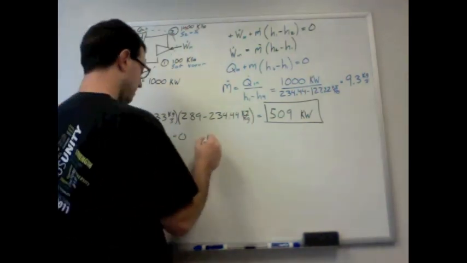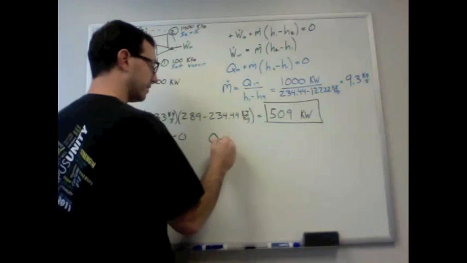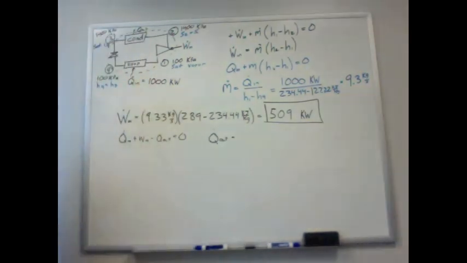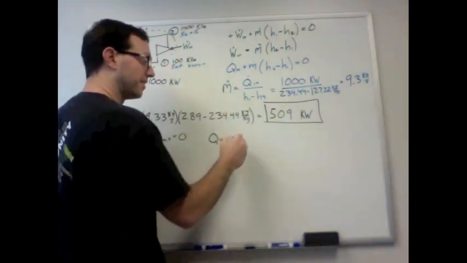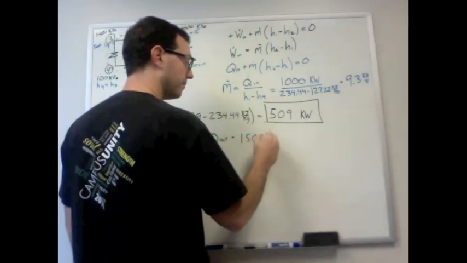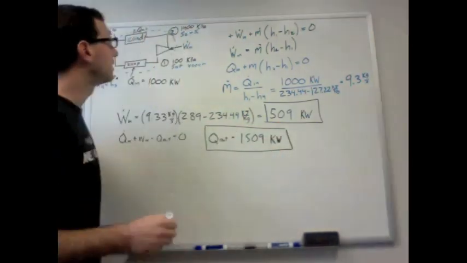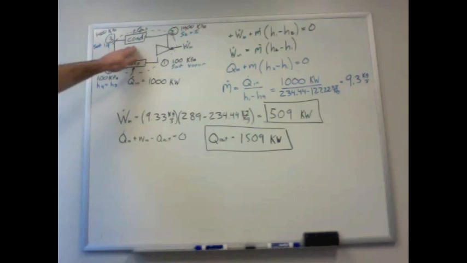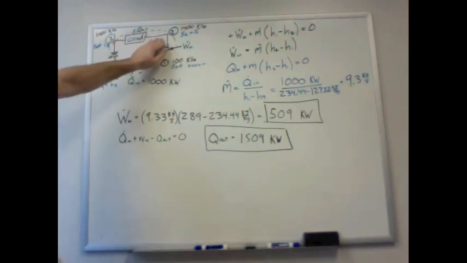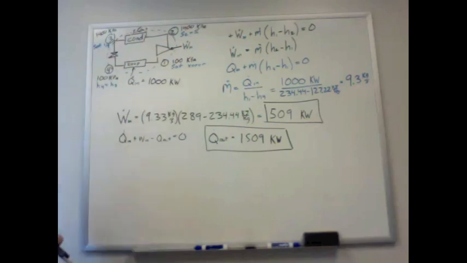From that, we can see Qout is Qin plus work in, so 509 plus 1,000. You would get exactly the same thing if you took the condenser to be your system. You'd have negative Qout plus the mass flow rate times H2 minus H3 equals 0. Solve that, you get exactly the same thing.